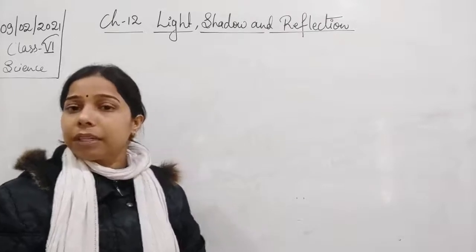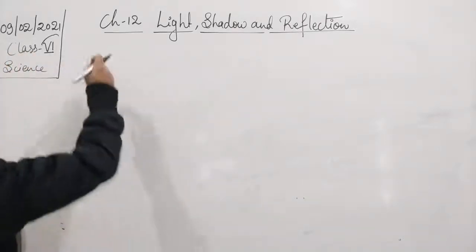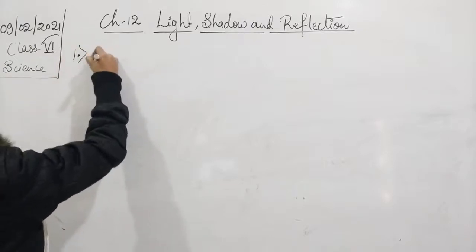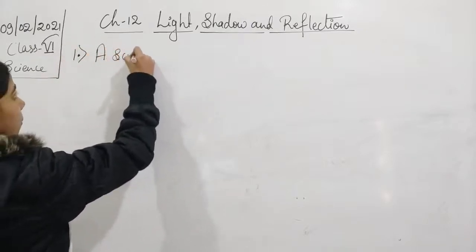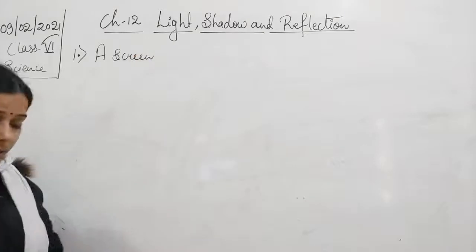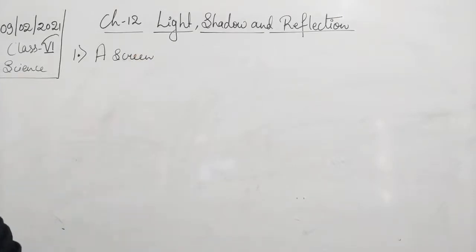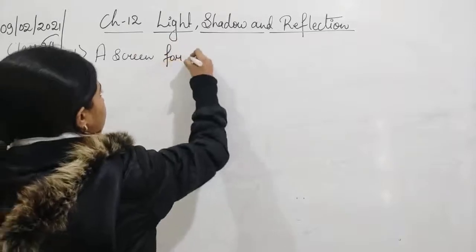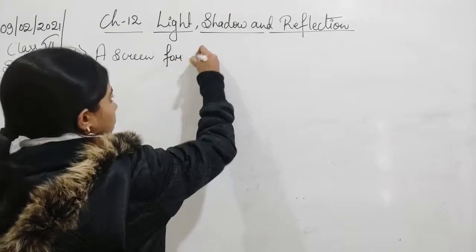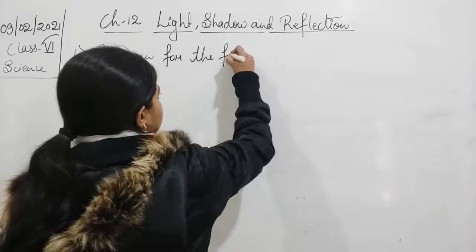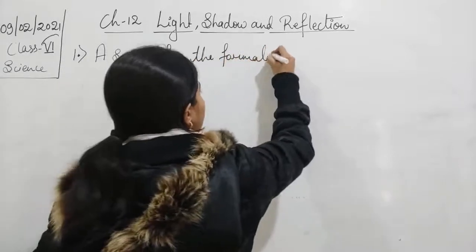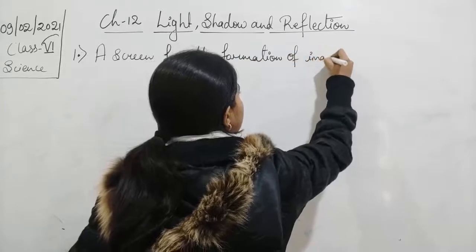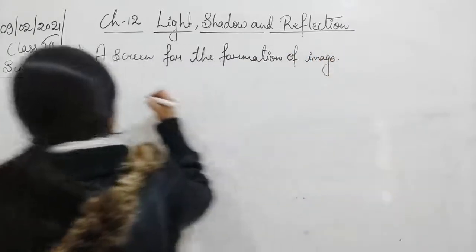We have already seen the things which are necessary for a shadow. First, a screen is necessary, a screen for the formation of the image.